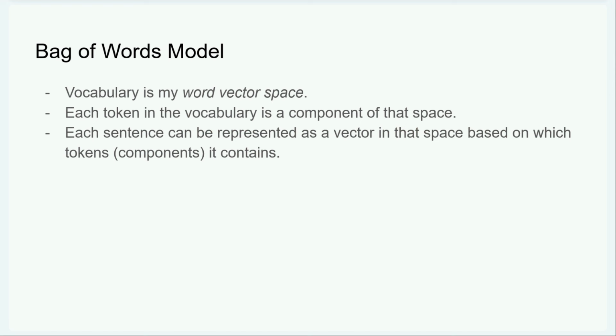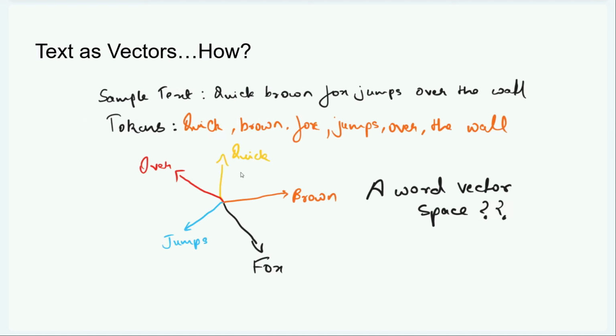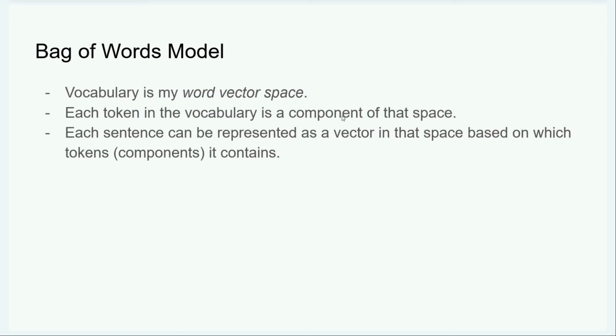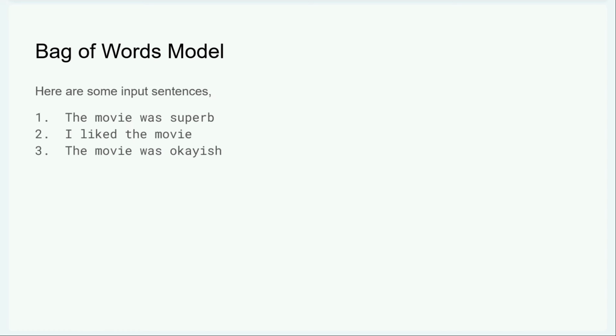Now, in this, you consider your entire vocabulary as the vector space from which you will be sampling vectors for each of your tokens. Now, again, as this graph shows, each token here would be one of these axes, and each sentence can be represented as a vector in that space along these tokens.